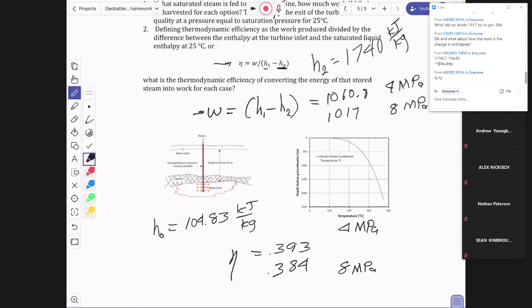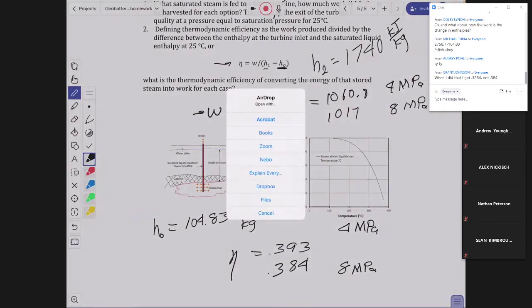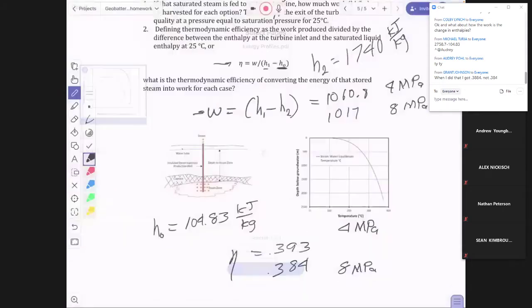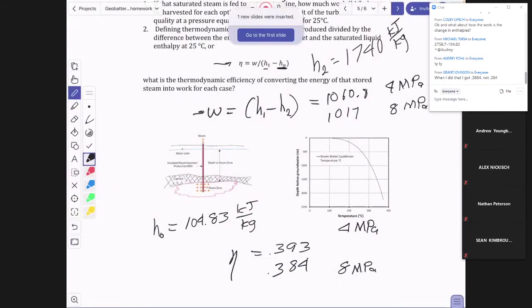Now, there's another part of this that is an interesting feature of what happens. It's not trying to get this airdropped. Oh no, my airdrop doesn't seem to want to work.